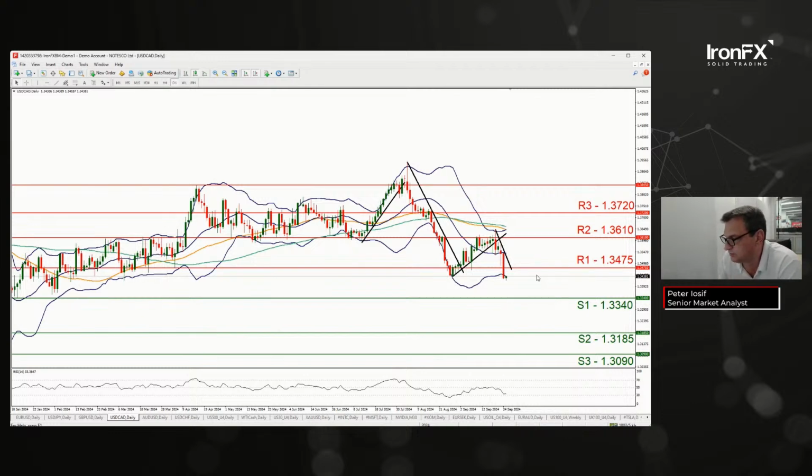So should the bears maintain control, given also the fact that the price action of the RSI indicator is near the reading of 30, it's actually at 33.4, implying a rather strong bearish sentiment among market participants for the pair, then we may see the pair aiming, if not breaching, the S1 1.3340.